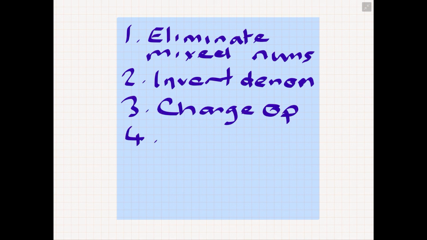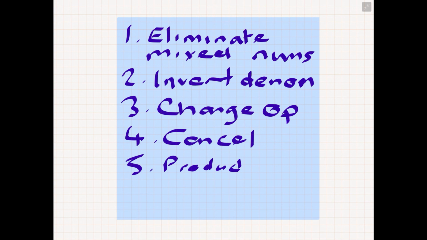Check to see if there will be any cancellations in the vertical or crossways diagonally. Once any cancellation has been carried out, multiply the top lines, or the top two values, obtain the product, and then obtain the product from the bottom two values.